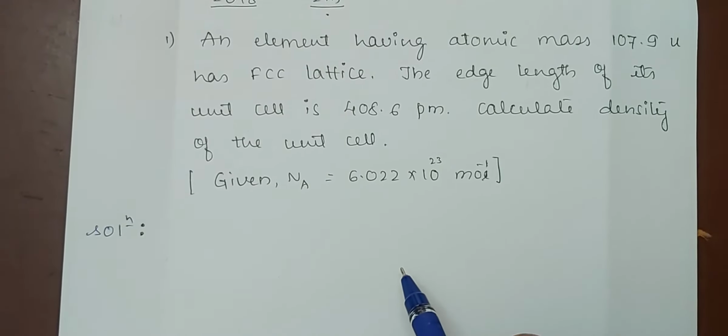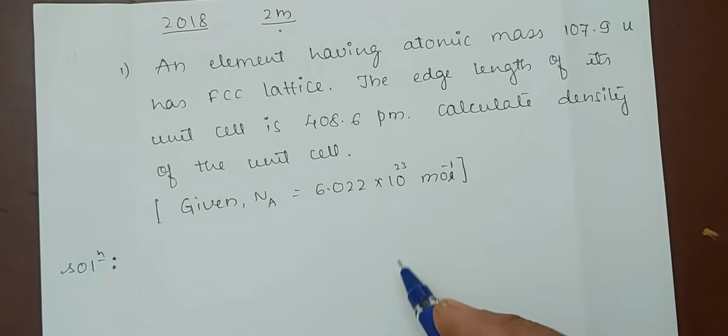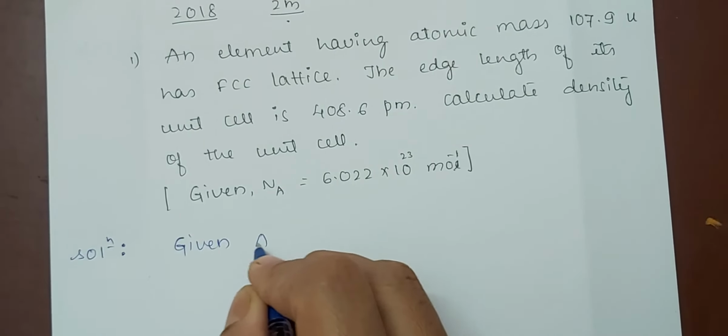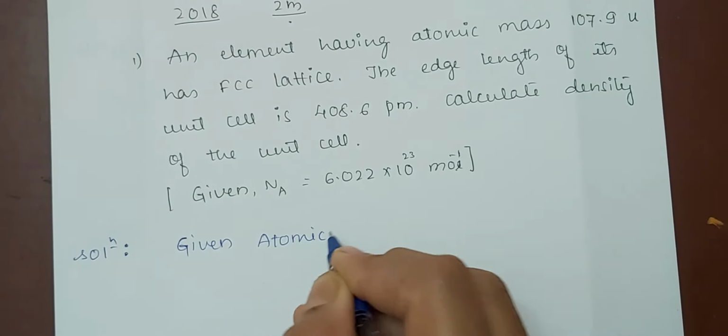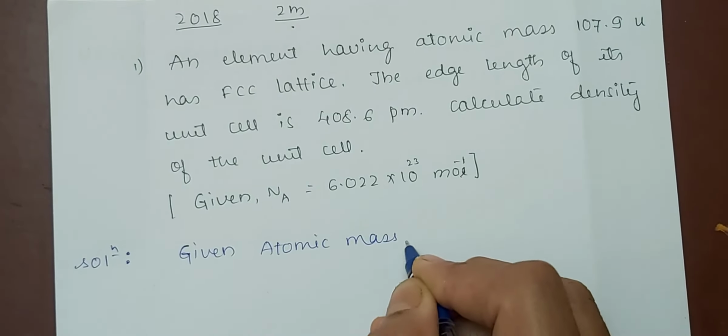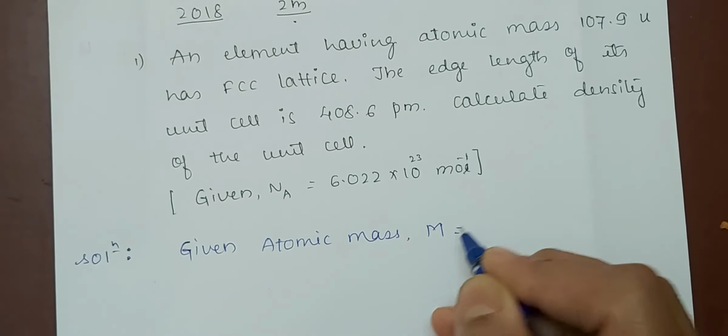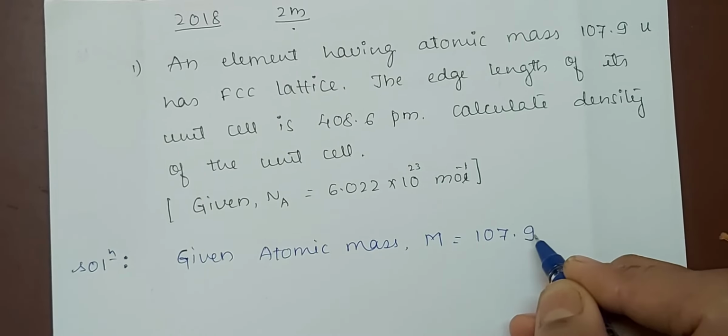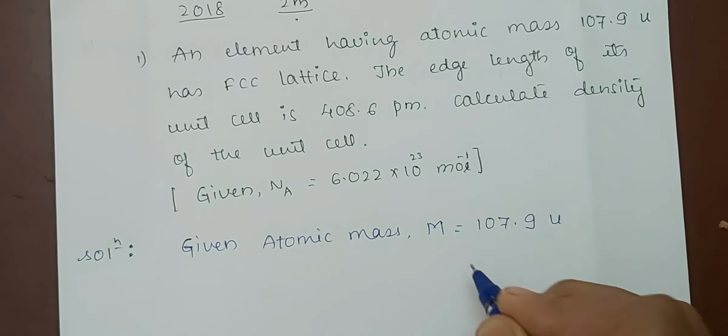Okay. Now, what is given here? Atomic mass. So, let us write given: atomic mass, that is capital M is equal to 107.9 unified mass u.